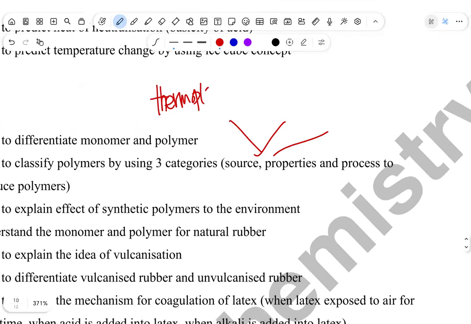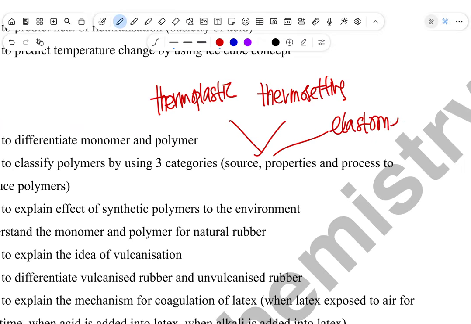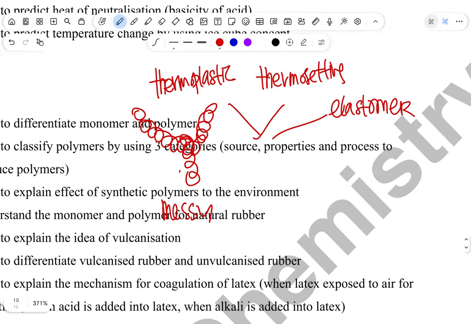Thermoplastic, which is flexible; thermosetting, where everything is set already; and elastomer. I also taught you how to use the picture to know whether they are thermoplastic or thermosetting. If you look at the picture and it is very messy, it is thermoplastic.